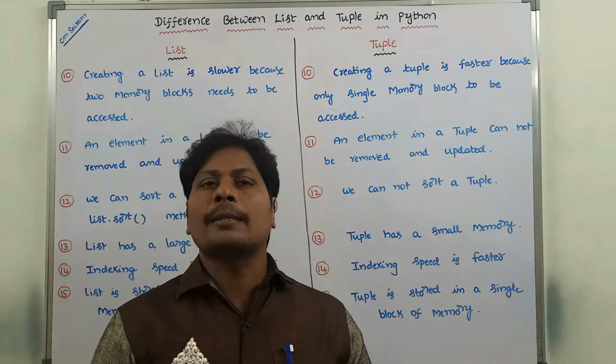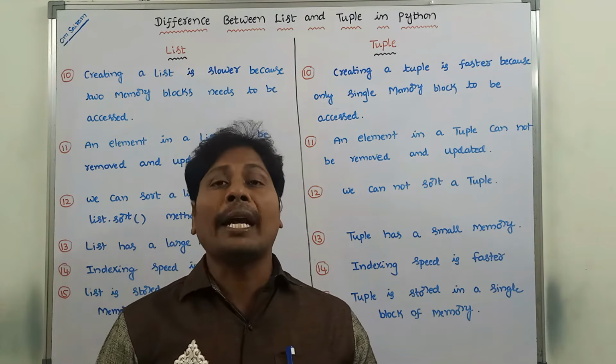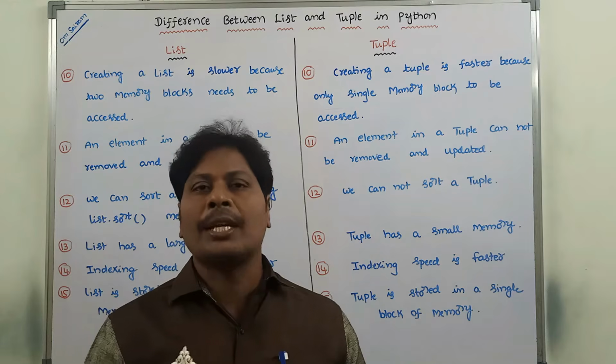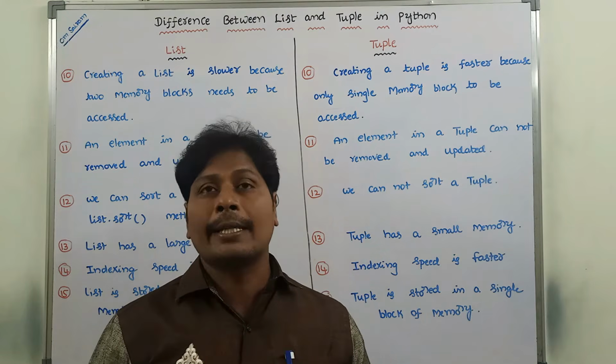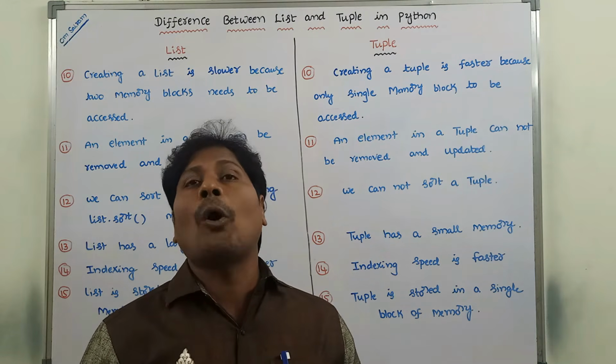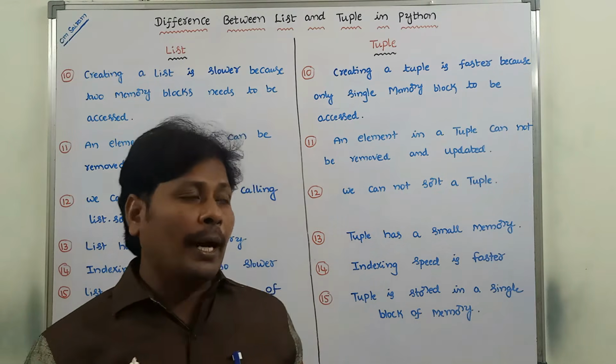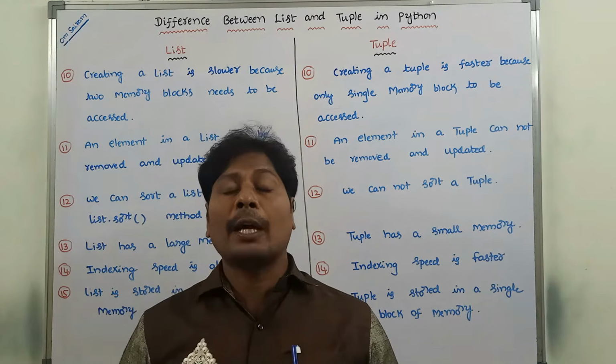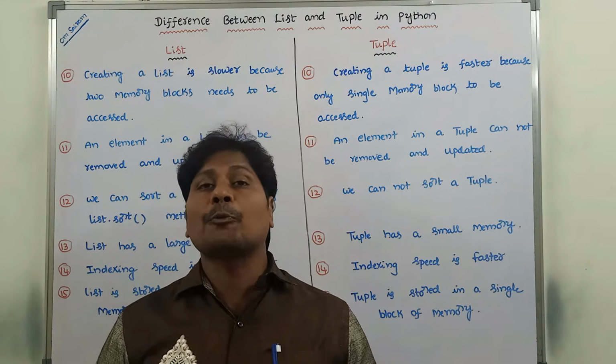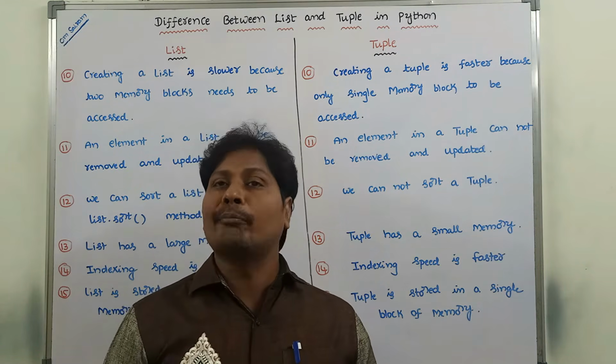To create a list, it uses two blocks of memory. One block is used for storing the Python object's information, and another block is variable length. In that block, we store the list data. But whereas in the case of tuple, it uses only a single block of memory.